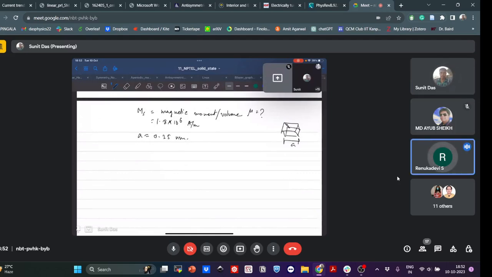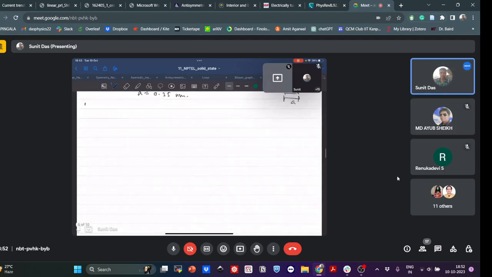Okay, let me see. So magnetization is actually magnetic moment per unit volume.